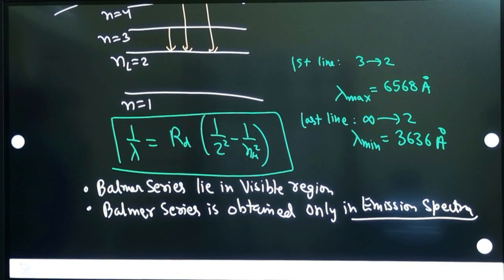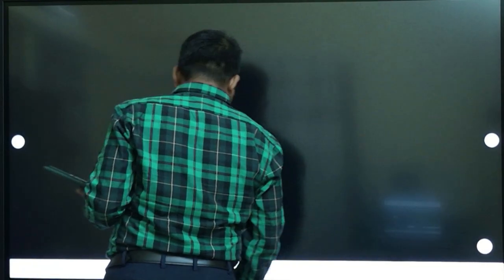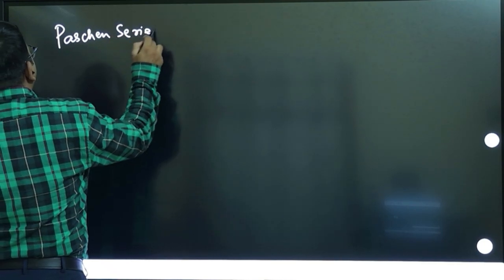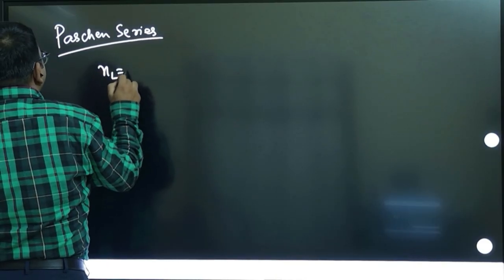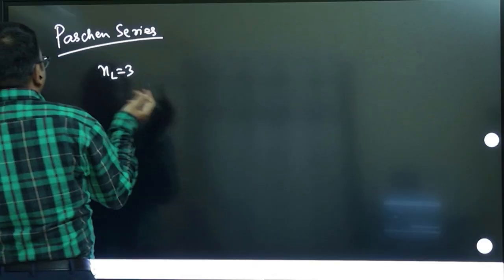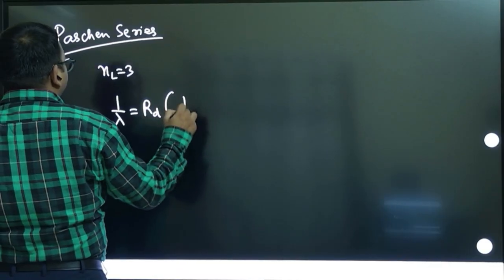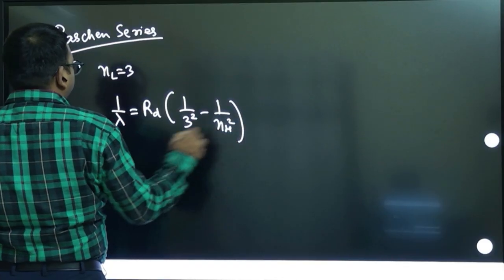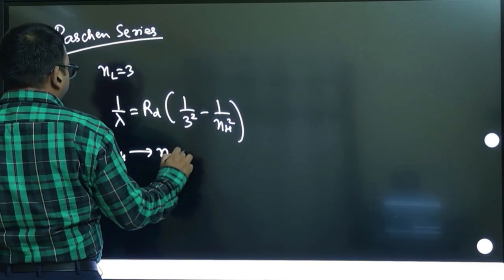Okay. Then next we will go to the next series, Paschen series. In Paschen series, the lower level is 3 and higher is any other level. So 1 by wavelength is Rydberg constant times (1 by 3 square minus 1 by higher square). That means from any higher level it will come to lower level 3, right?